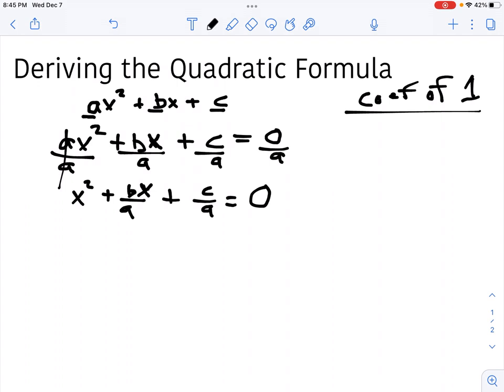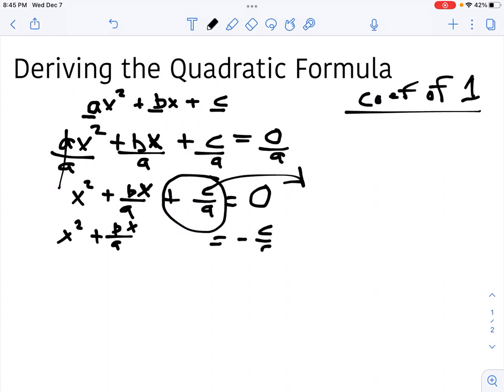Okay, now we know when we complete the square that we have this process we have to follow. So the first thing we have to do that I teach my kids is move this thing over there. All right, so we're going to have x squared plus bx over a equals negative c over a.